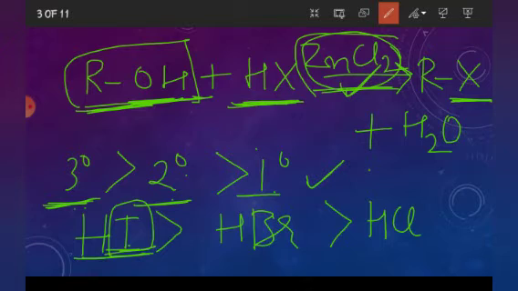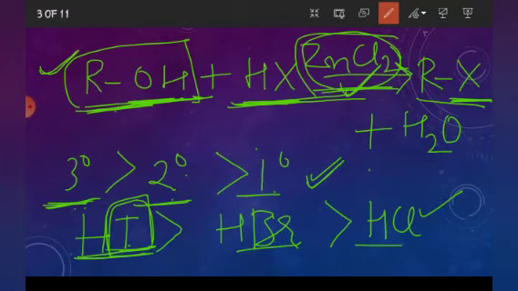These two series you need to remember: alcohol reacts in the presence of Lucas reagent to form haloalkane, 3-degree is most reactive, then 2-degree, then 1-degree, and HI, then HBr and HCl.